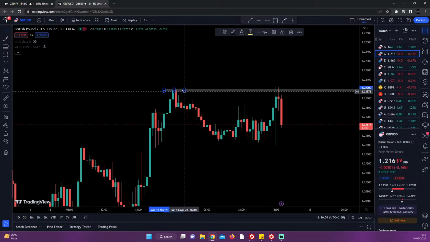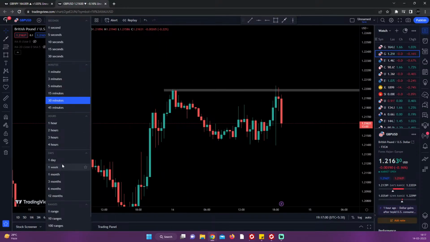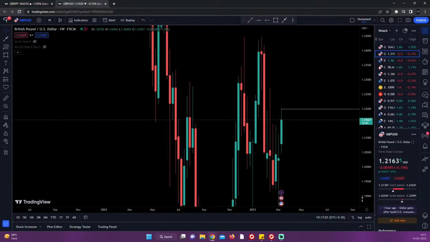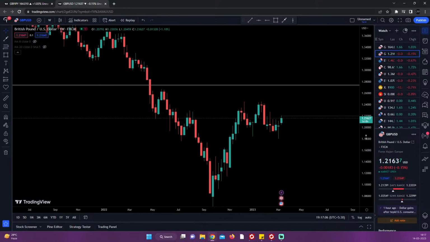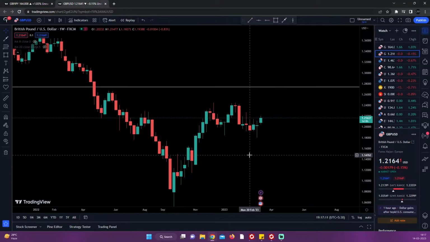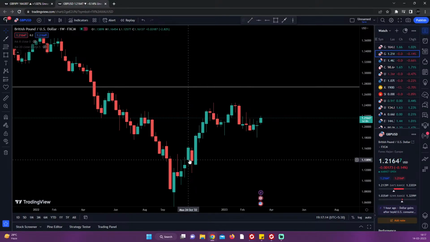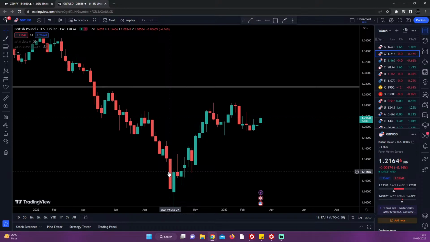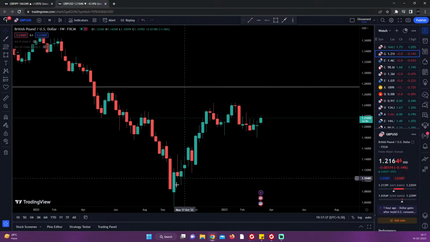So if I talk about GBP USD, let's have a look at the daily or weekly over here. By looking at GBP USD, the market was moving down.